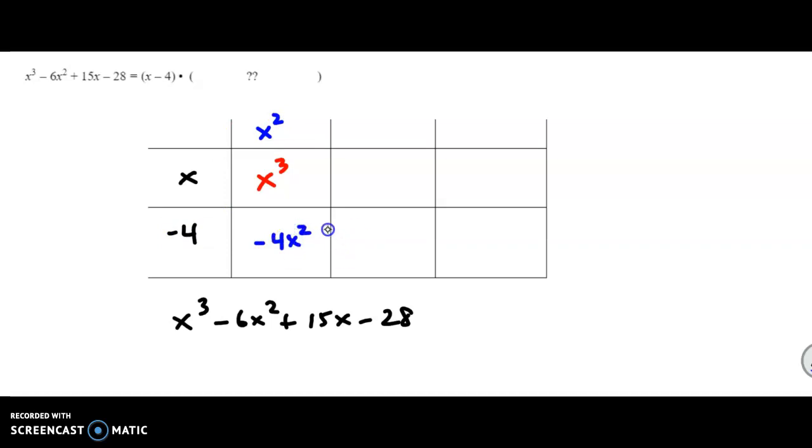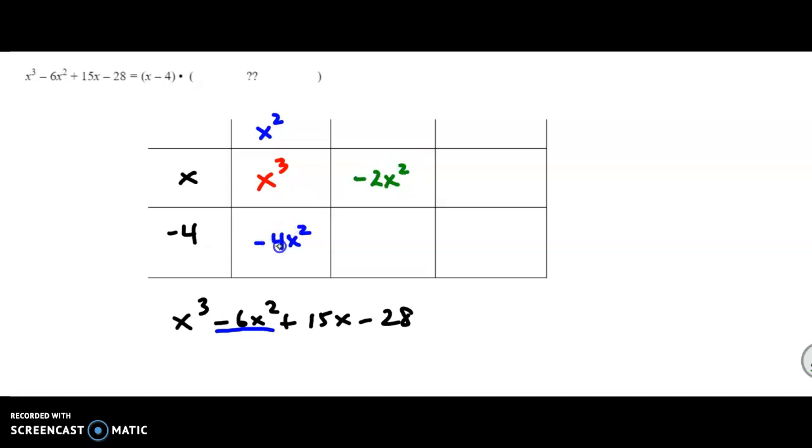Okay? Now we use this, the negative 6x squared, as our clue. Right? This box here, so this plus negative 4 has got to equal a negative 6. That's going to be a negative 2. Right? So since we're combining like terms, this has to be a negative 2x squared also. Okay?